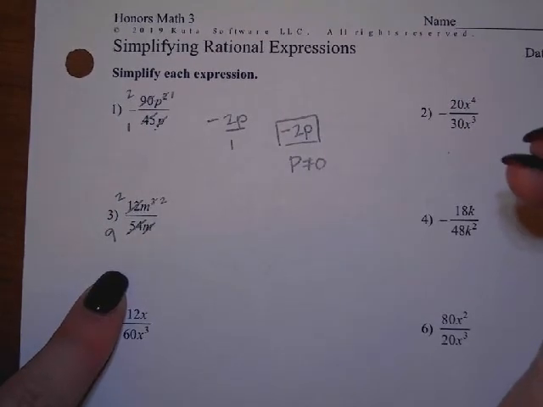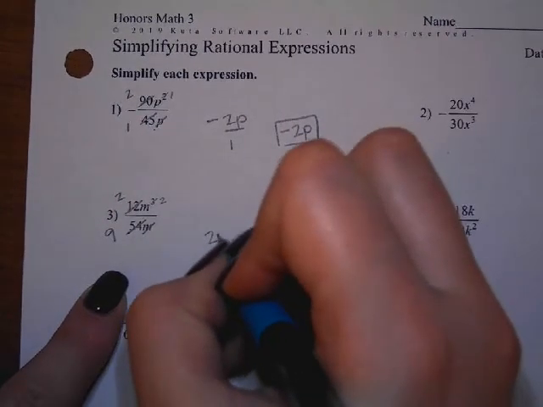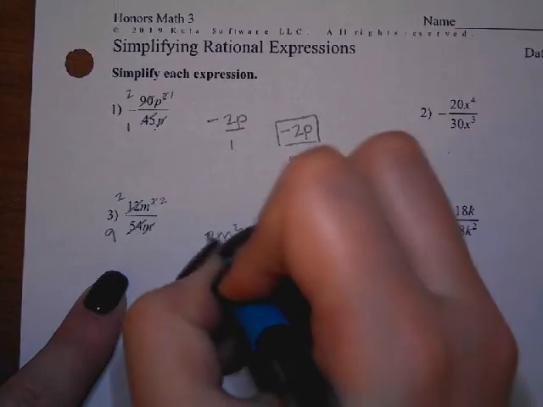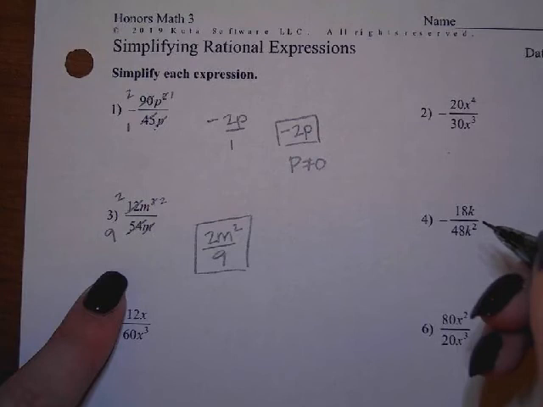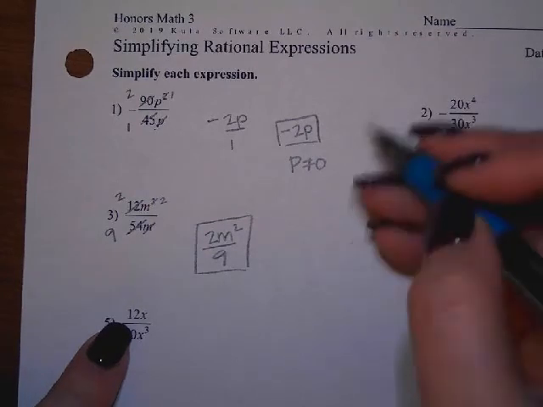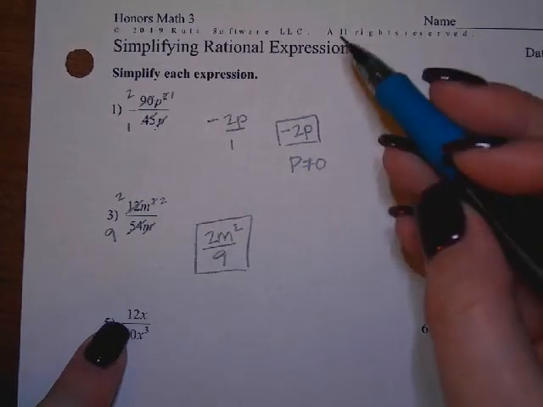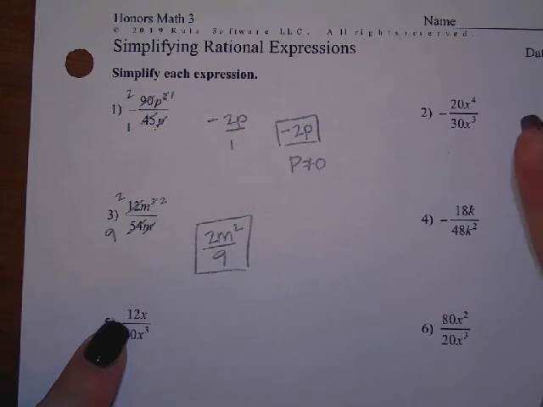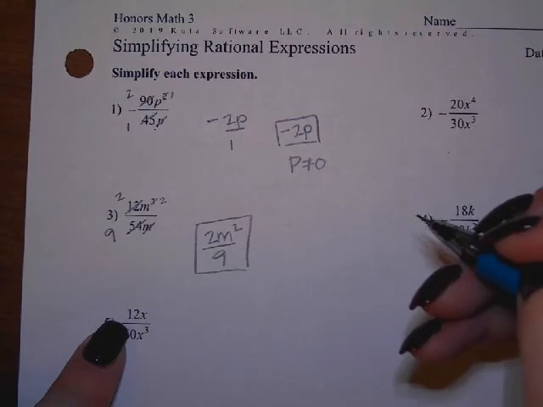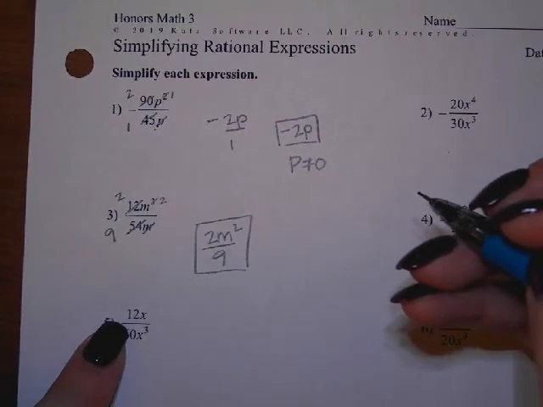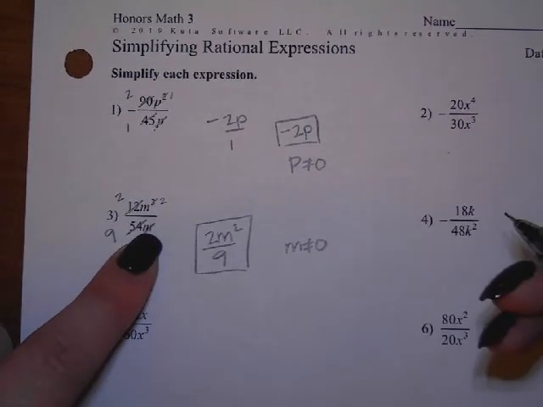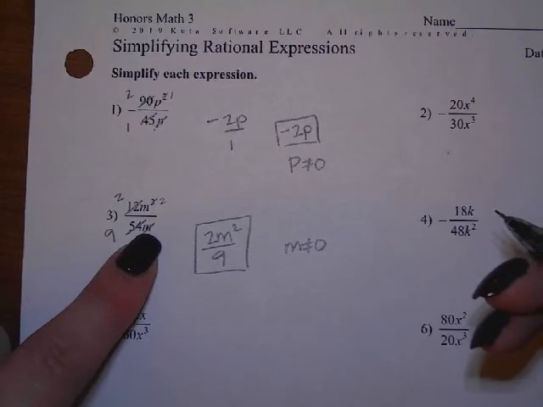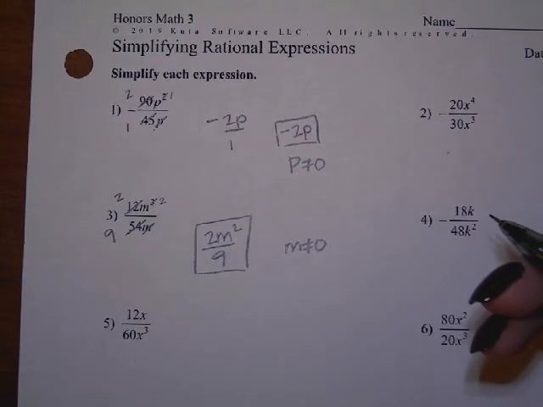So what do we have? 2m squared over 9. Now, I'm not writing the excluded values because the problem didn't say I had to. All right, but if we wanted to say the excluded value, what would it have been? 0. Can't have 0 on the bottom. There's an m on the bottom of the original problem. That means no 0.